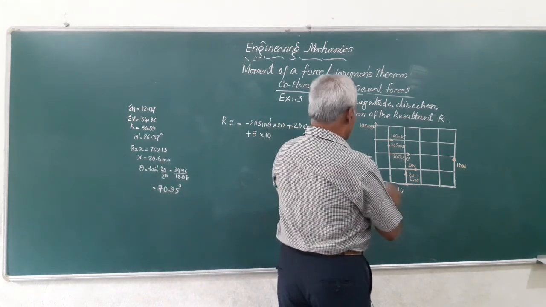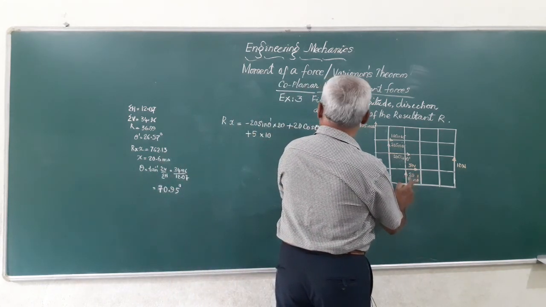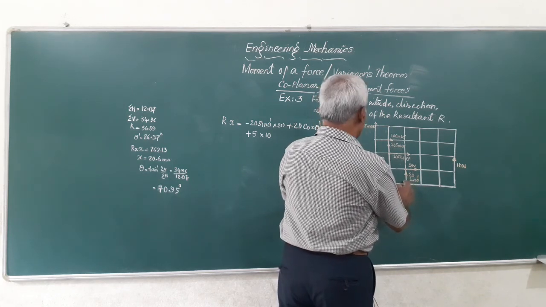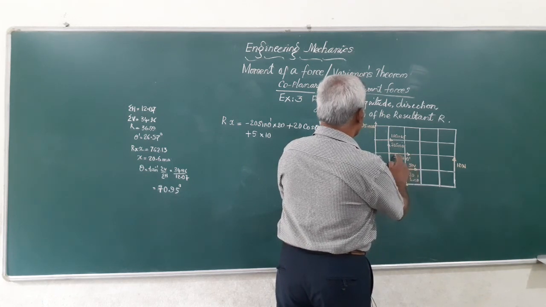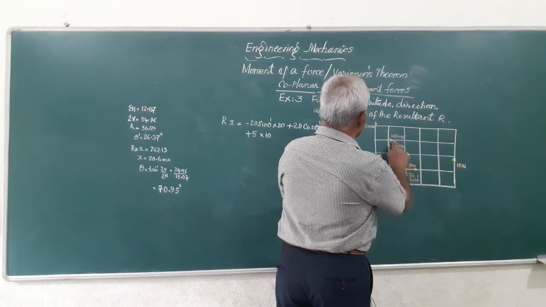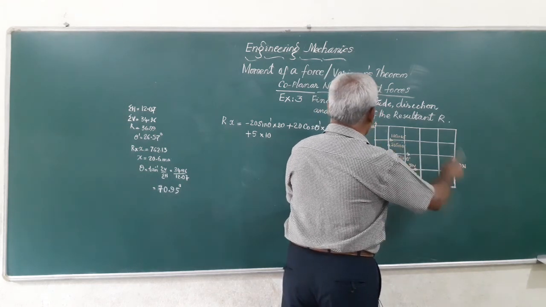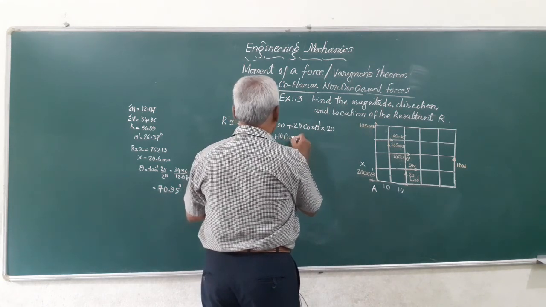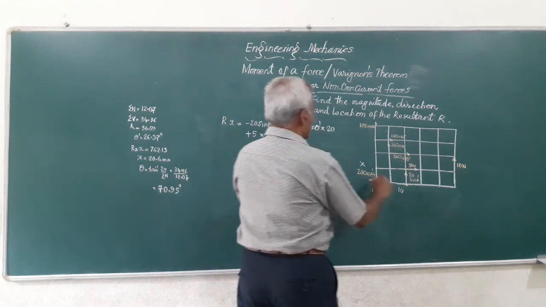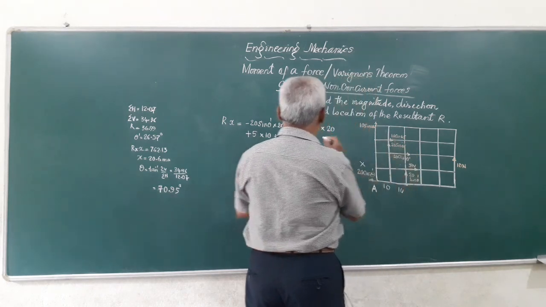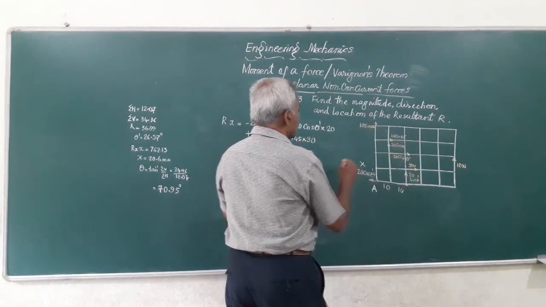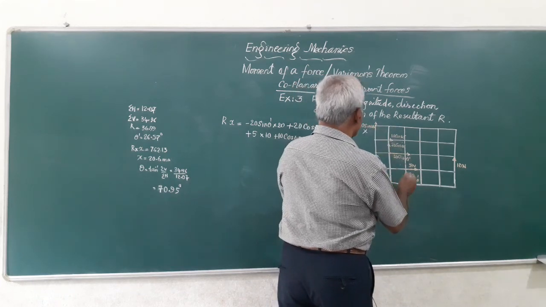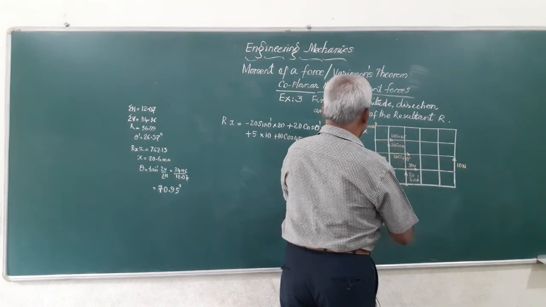So, we have, this is 0, this we have taken in the direction minus 20, you have taken positive, and then 10 cos 45 gives a clockwise moment, plus 10 cos 45 multiplied by this distance 30 units. The moment of this is 0 because it is passing through this. So, friends, you have got a clockwise moment due to this.